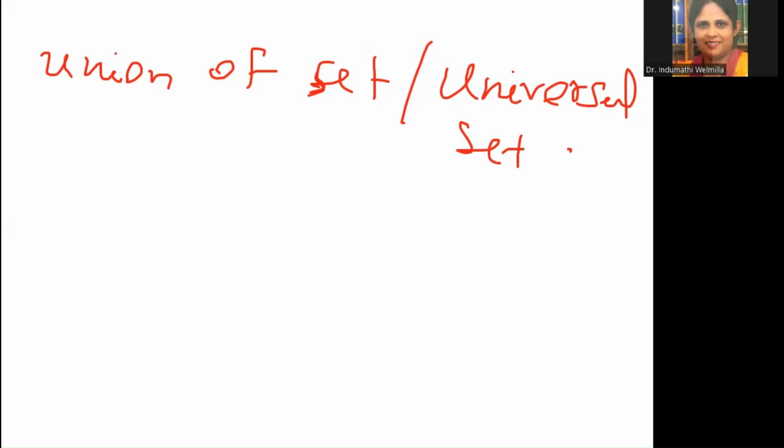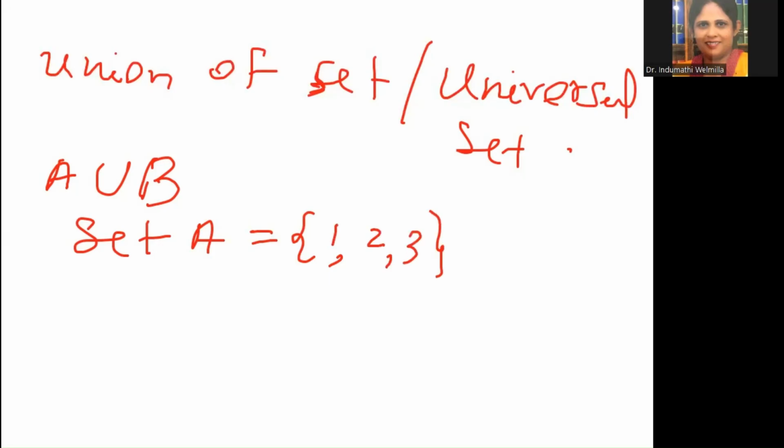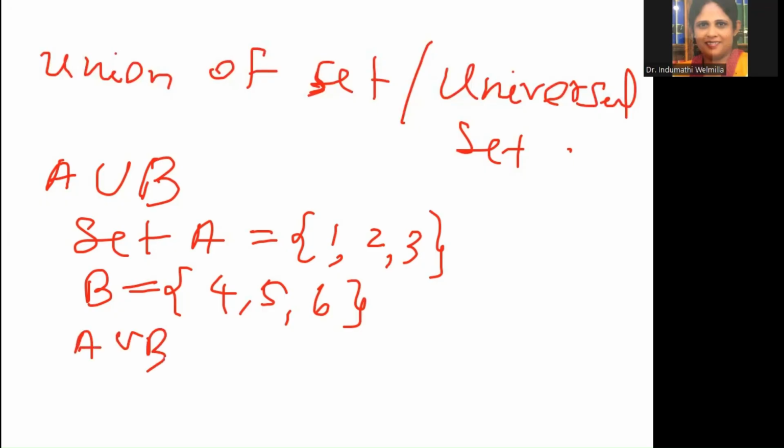If set A and set B are two sets, then A union B is the set that contains all the elements of set A and set B. It is denoted as A union B. An example: if set A equals 1, 2, 3, and set B equals 4, 5, 6, then A union B equals 1, 2, 3, 4, 5, 6.